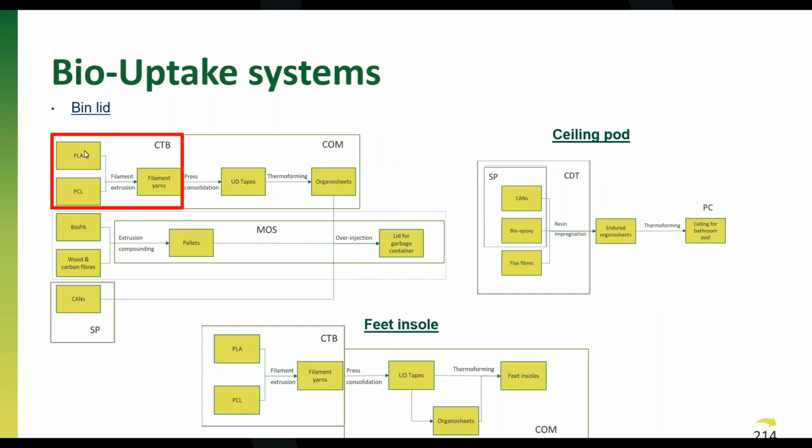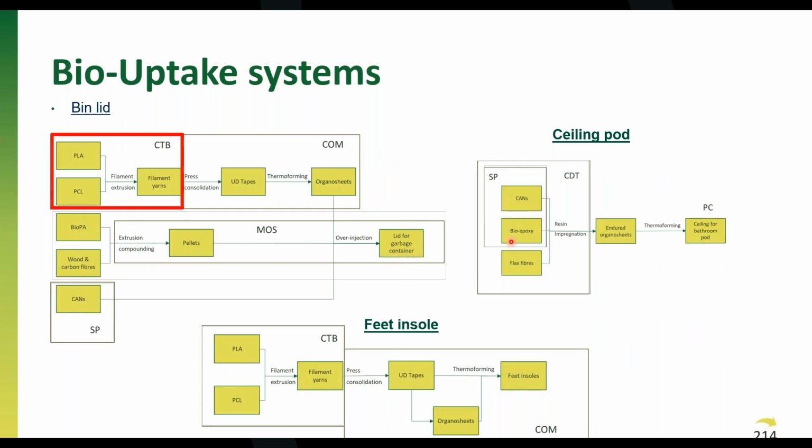Centexbel provided data on the PLA and PCL produced into filament yarns that were then sent to Comfill to make UD tapes and organosheets. SP provided data on the cans, and Moses provided data on the pellet extrusion compounding and then injection into the lids for the garbage container.